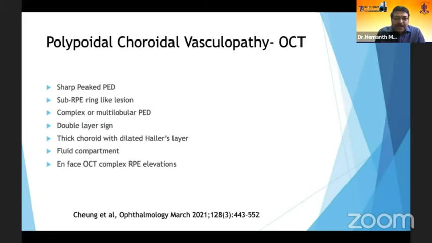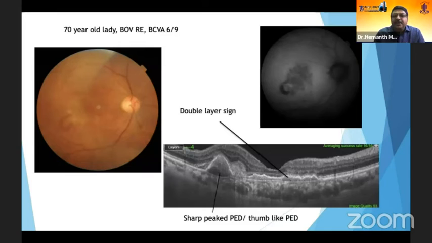Jimmy Ching in his article has very clearly mentioned some of the conditions that you should look for in a non-angiographic diagnosis of PCV, that is a sharp peak PED, a sub-RPE ring-like lesion, and a complex multilobular PED. A double layer sign, a thickened choroid with dilated Haller layer vessels, the fluid compartment are all seen in PCV.